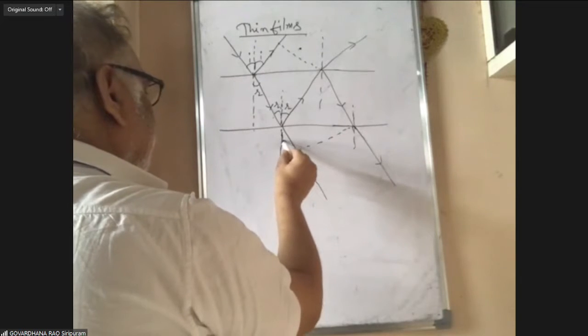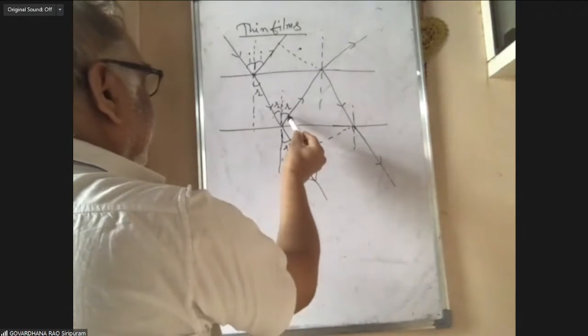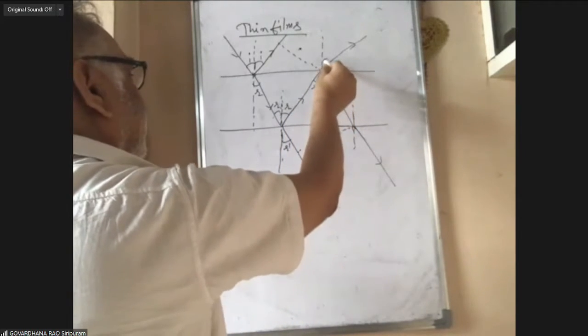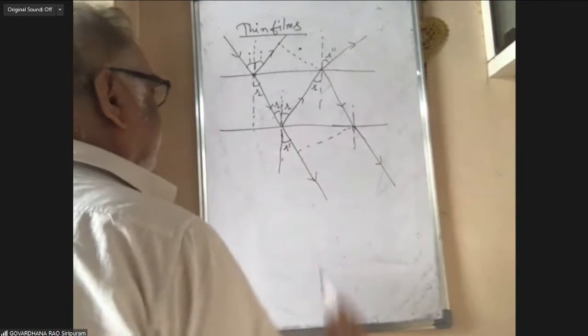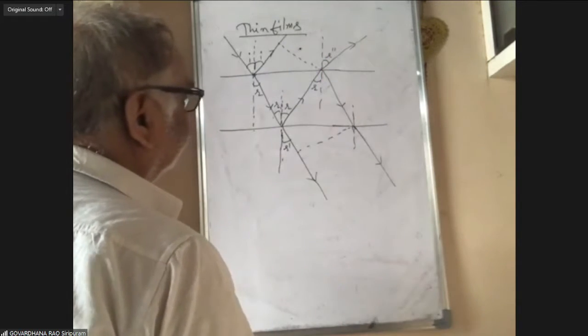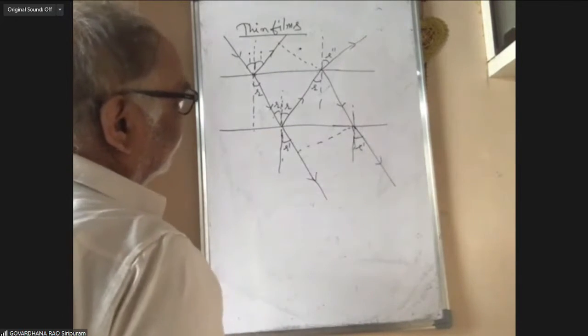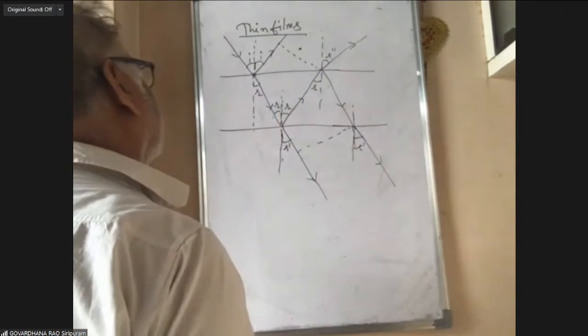So the ray comes out, this is R dash. Now it comes out with some other angle, R double dash. Okay. You can also see. So these are transmitted, this is the reflected.